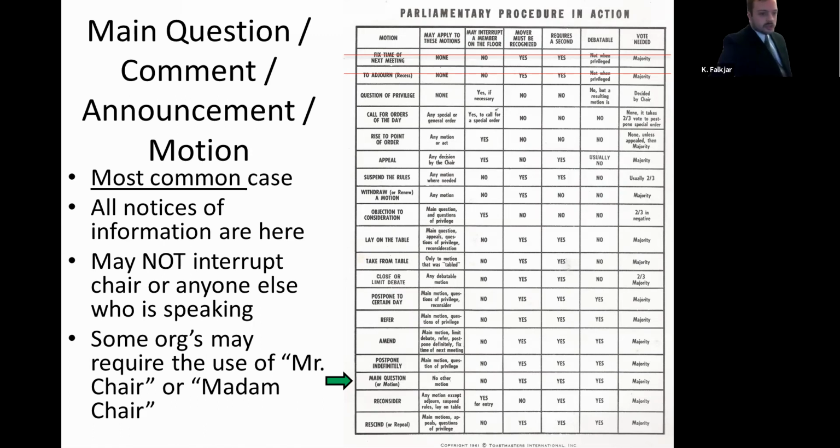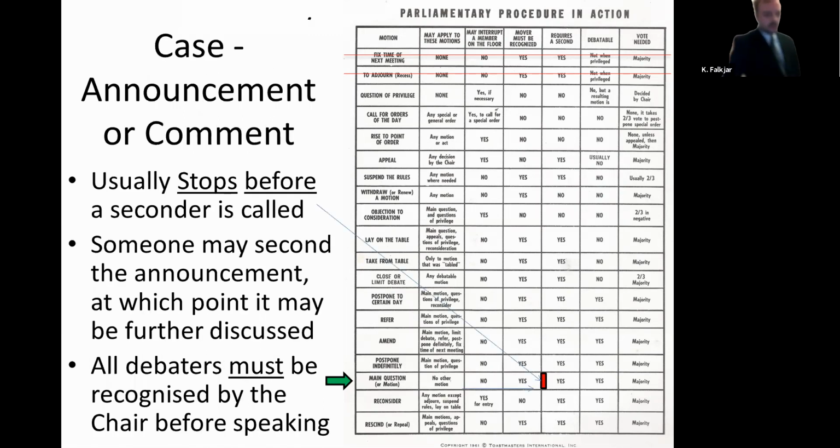The chair decides who speaks when and must let everyone have an opportunity. If it's a general announcement or comment, it would simply not go to the point of requiring a second. So we would look at the green arrow, go across.